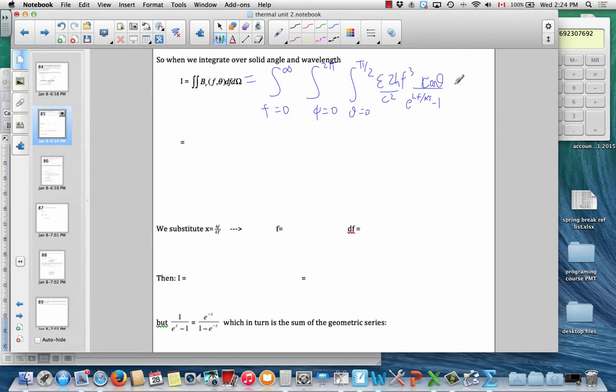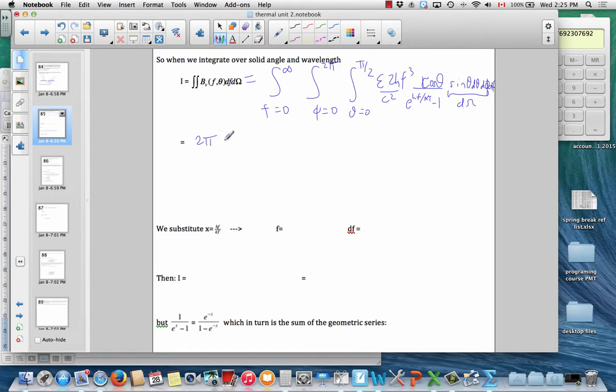And the Jacobian little area element in spherical coordinates is sine theta d phi. And then, of course, we also have df. It's df at the end there for the frequency integral. So this is the tiny little element of solid angle. So, first of all, the d phi angle is trivial, and it just gives you 2 pi.